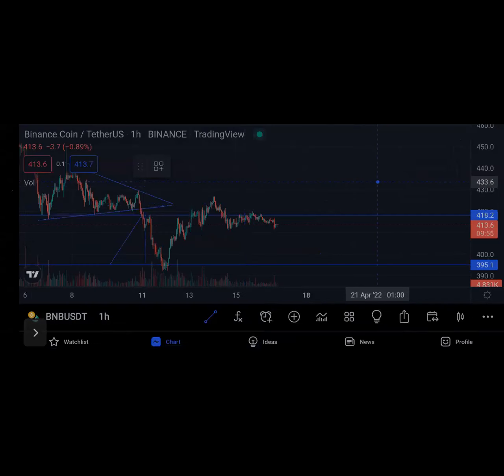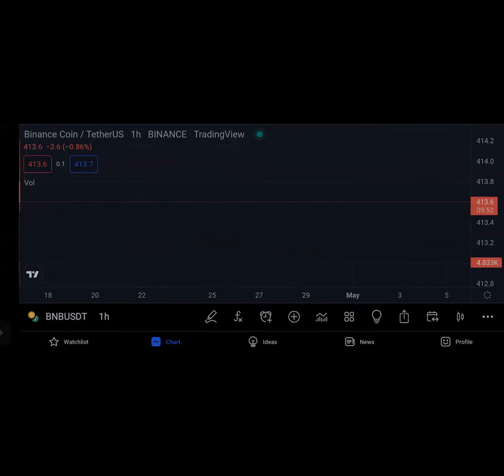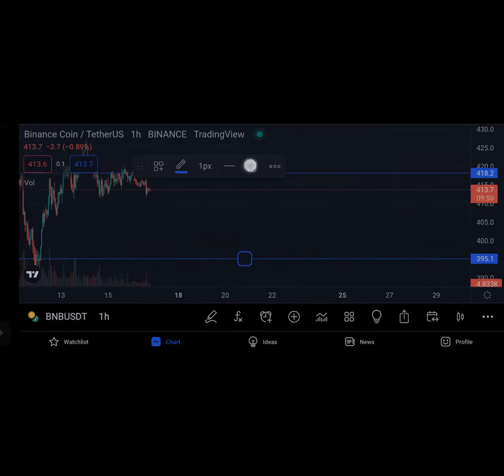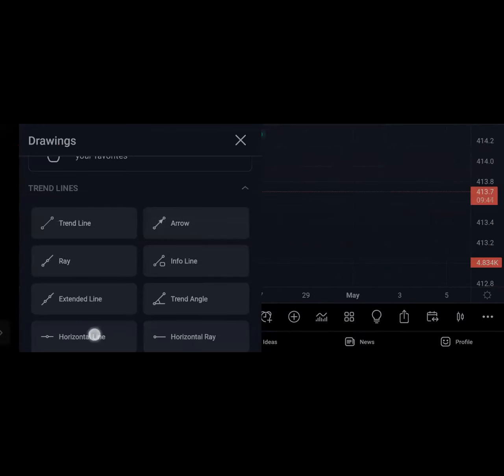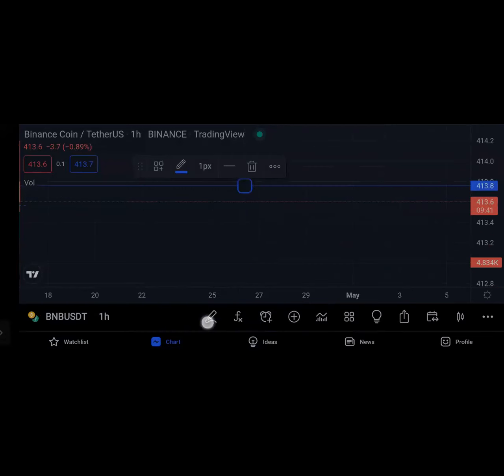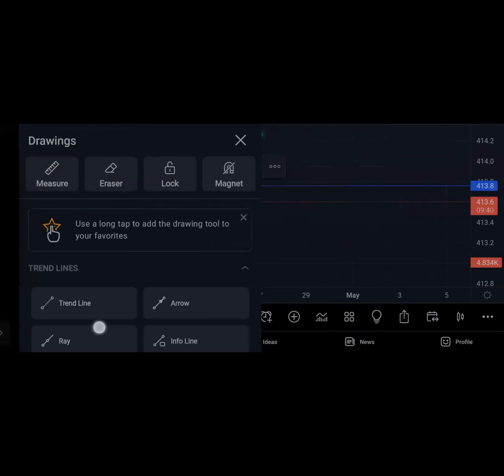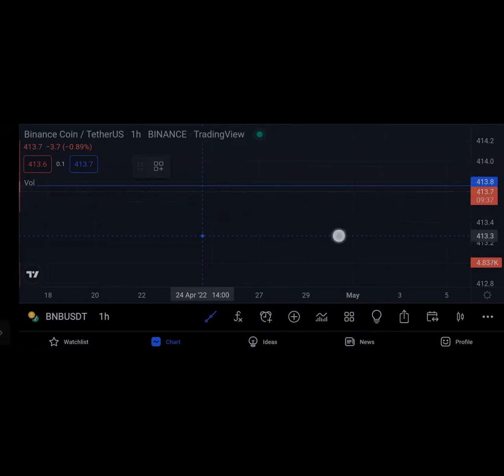Let me clear this. First, let's draw a horizontal trend line, then the upward slanting one.